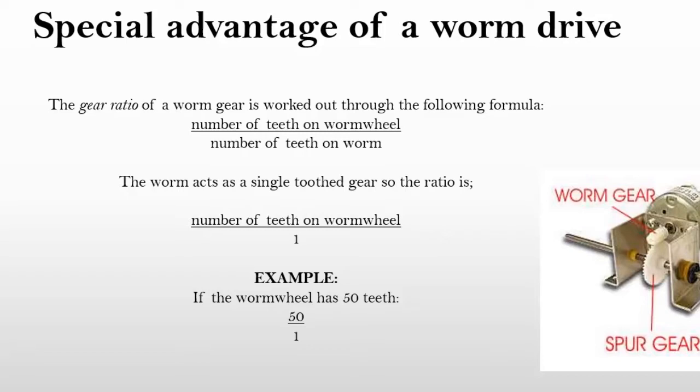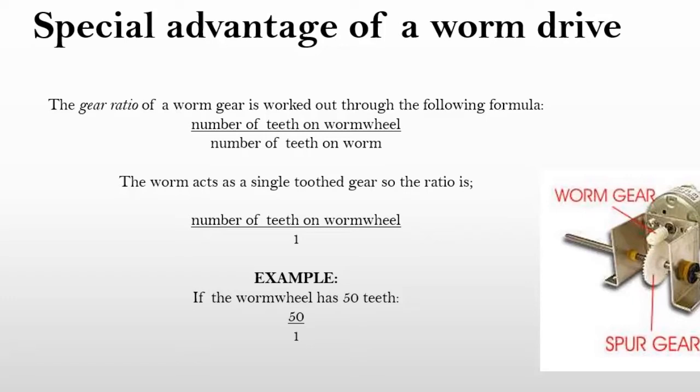Even though it has some difficulty to manufacture and costs a lot compared with bevel gear manufacturing, it has some special character. That's why we are still interested in this special type of worm drive. Why? Because its gear ratio is so high.